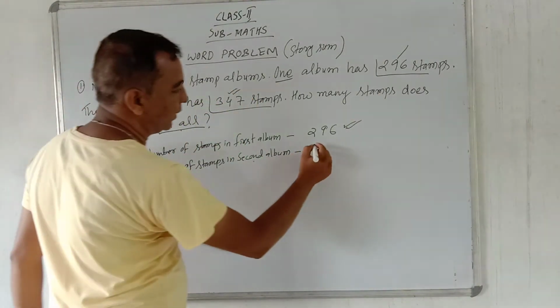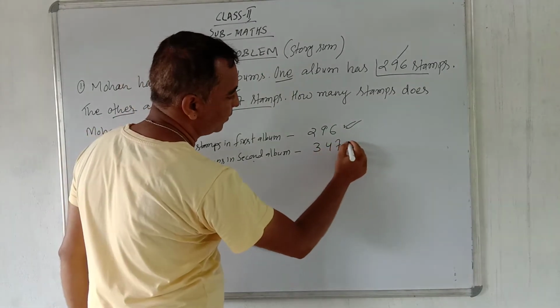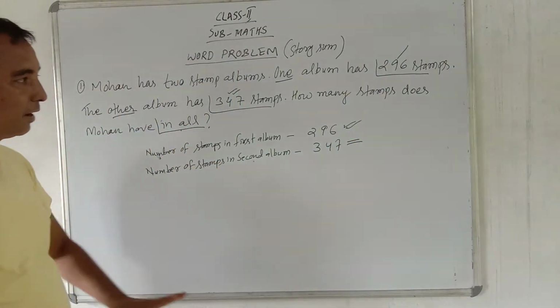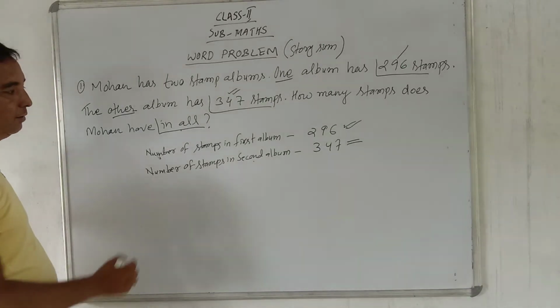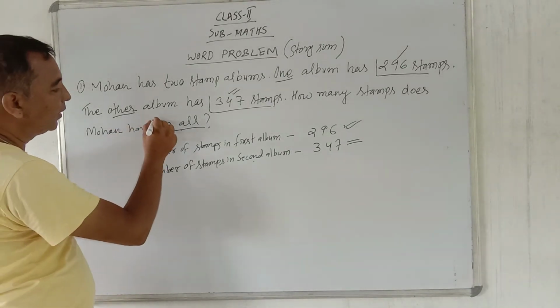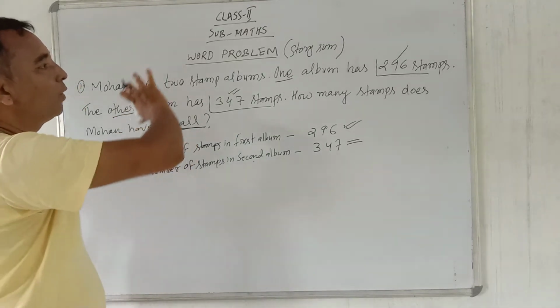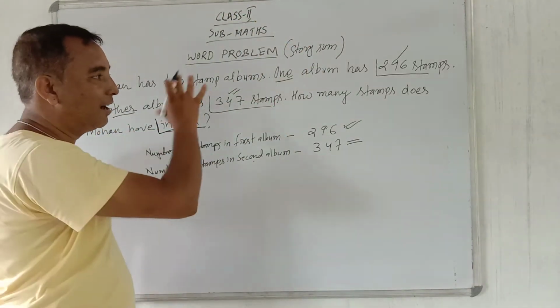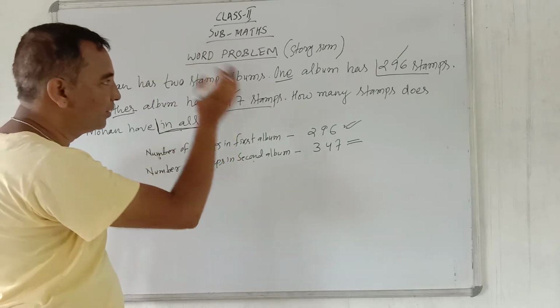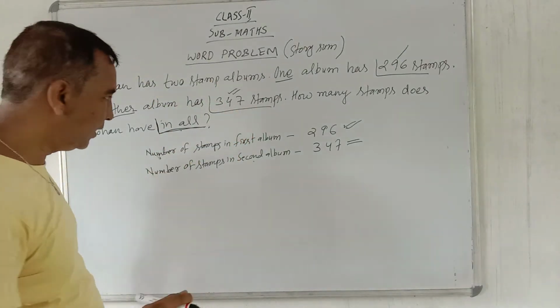So let me write here 347. Clear? Now, what clue did we get? What is the hint? In our statement, at the last there is "in all". It means we have to add the numbers and find the answer.